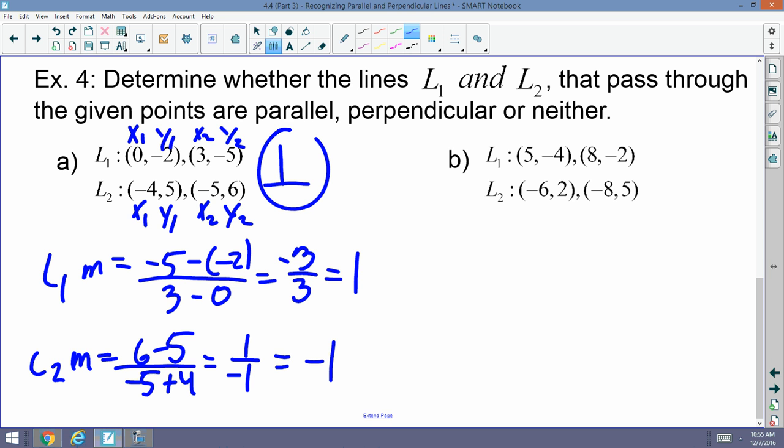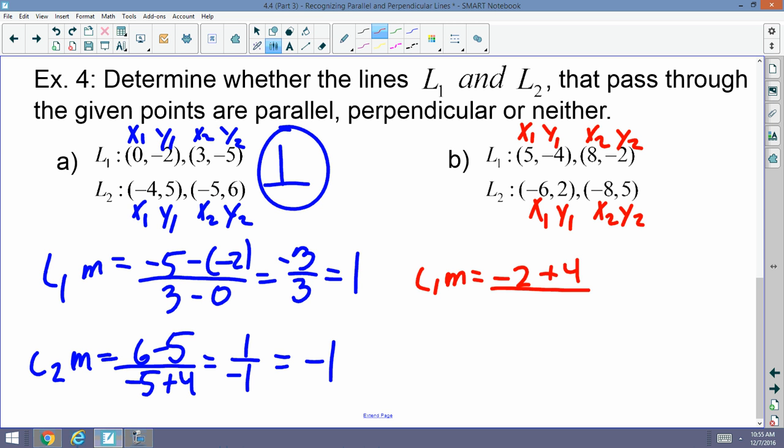So these are perpendicular. Then over here I have my x1, y1, x2, y2, x1, y1, x2, y2. So my y2 minus y1, this is for L1, sorry for not labeling, y2 minus y1 over x2 minus x1.